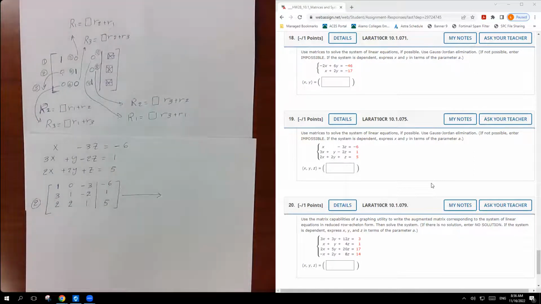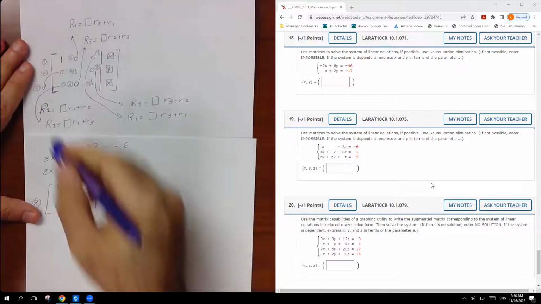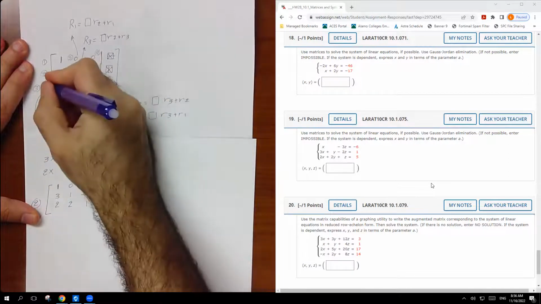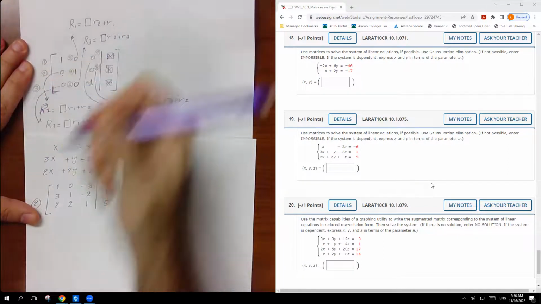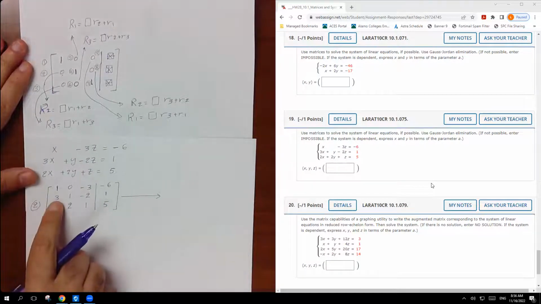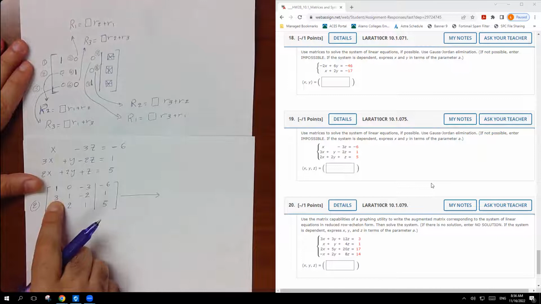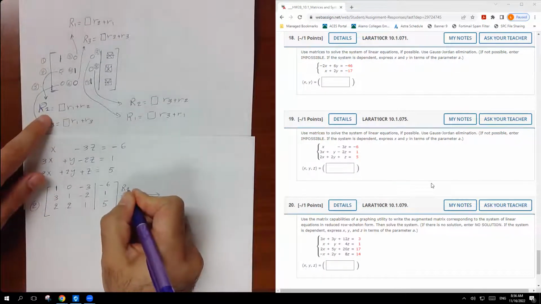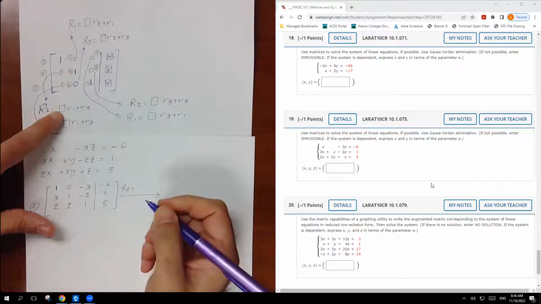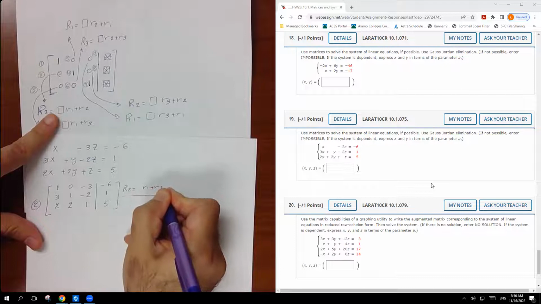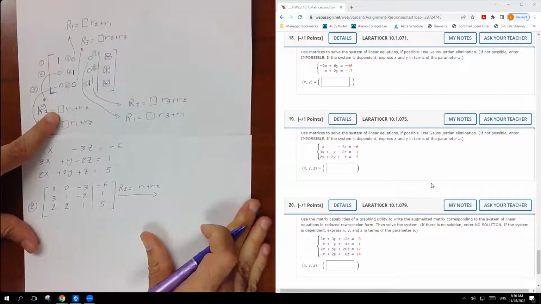Step 2, here is step 2. Convert the number on this location to 0. So I'm going to write down the rule here, R2 equal R1 plus R2.